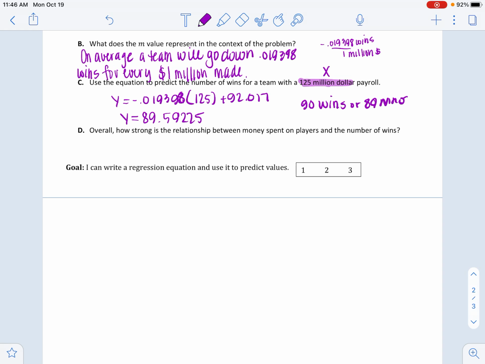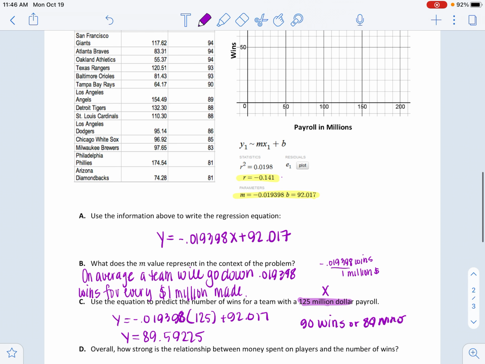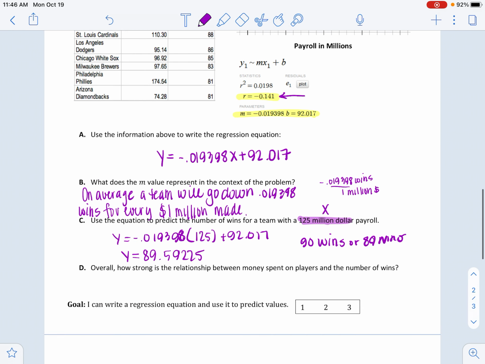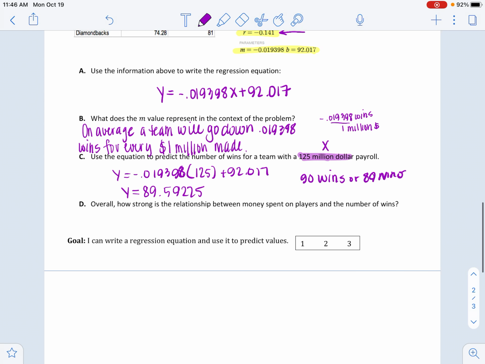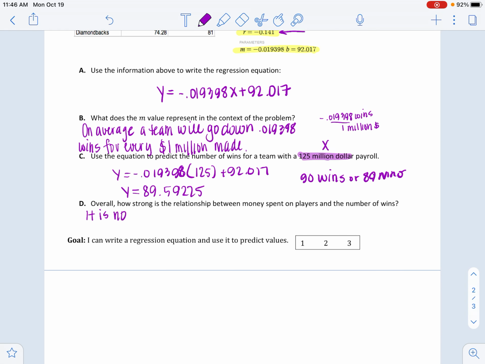Overall, how strong is the relationship between the money spent on the players and the number of wins? So we're going to look at the correlation coefficient. It is negative 0.141. So it is not strong. I would say it's pretty weak, if anything.